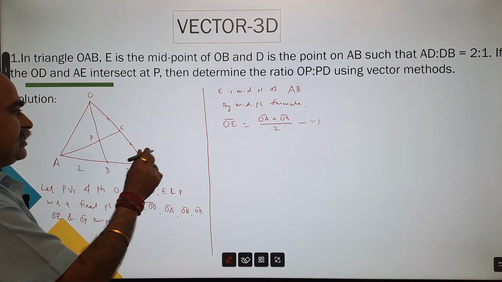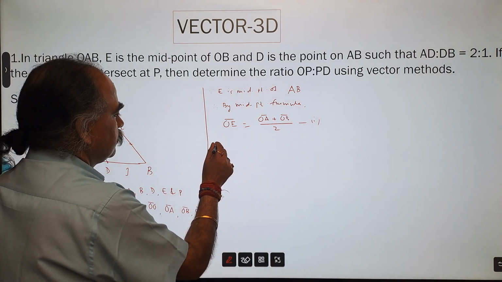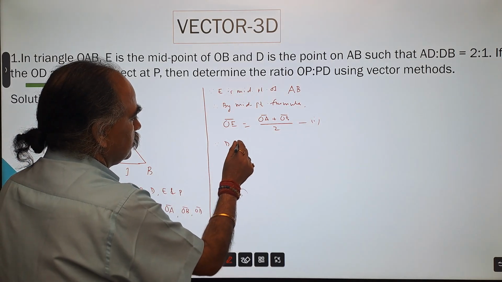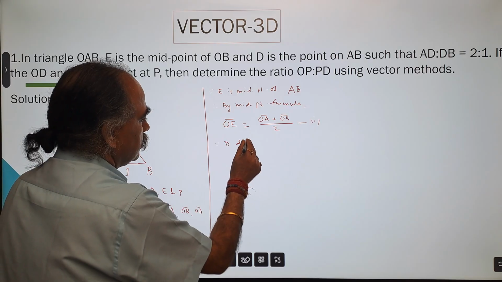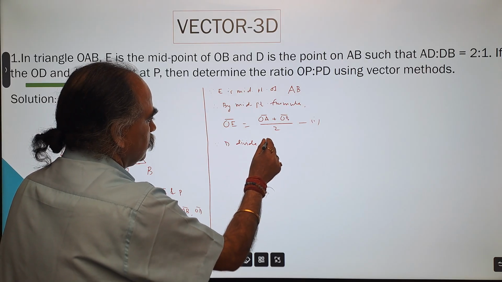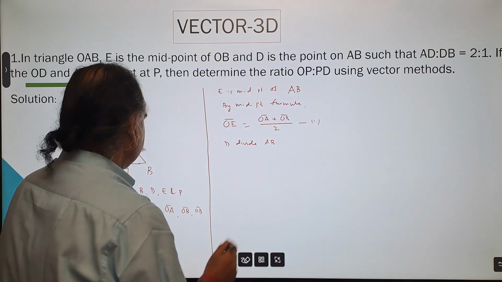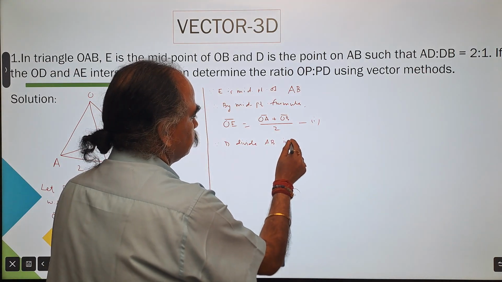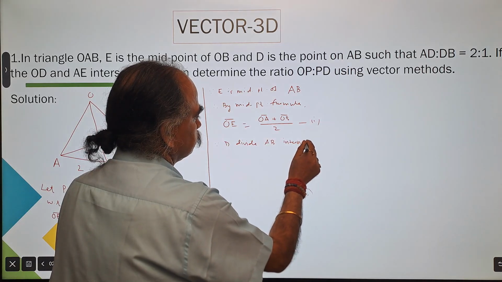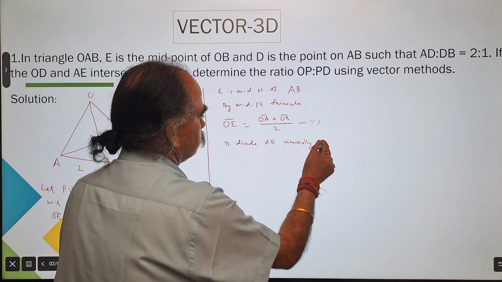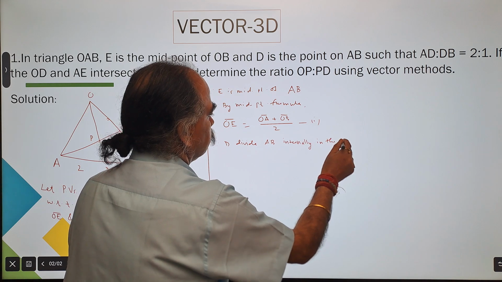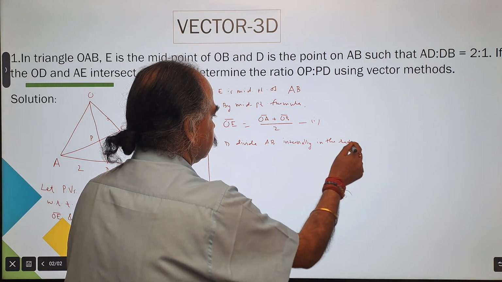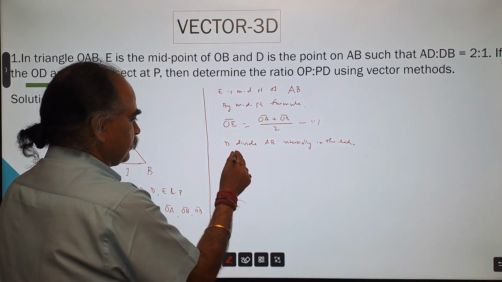D divides AB internally in the ratio 2:1.